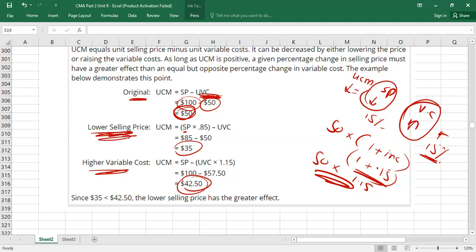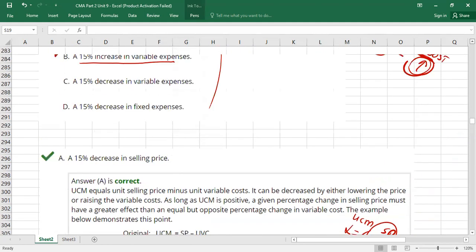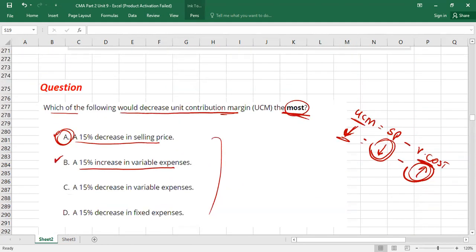The authentic reason is the lower selling price, because here contribution is reduced by 15, but here contribution is reduced by 7.5 only. So a decrease in selling price is the most authentic reason. It has a major impact. So option A is correct: 15% decrease in selling price. Understood? I hope it is clear.